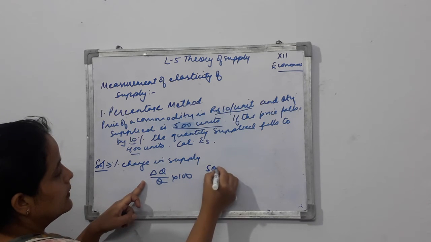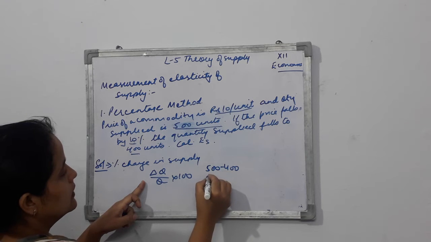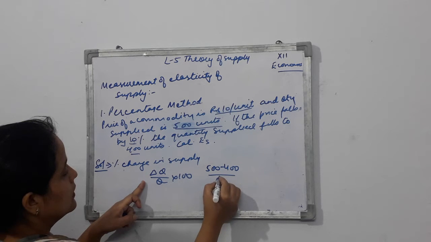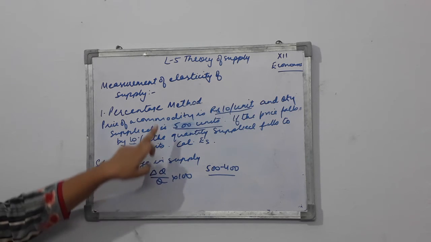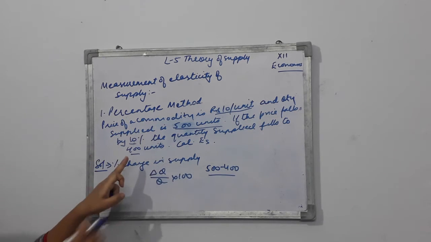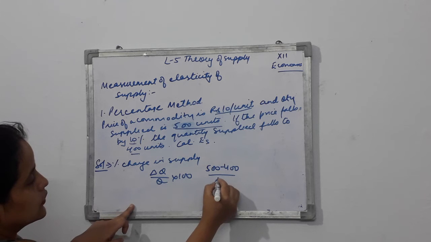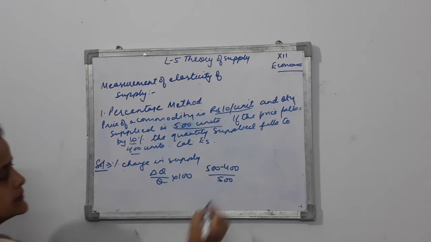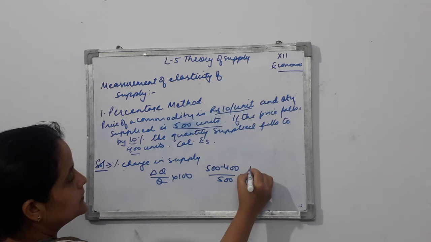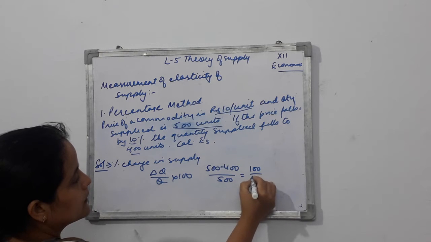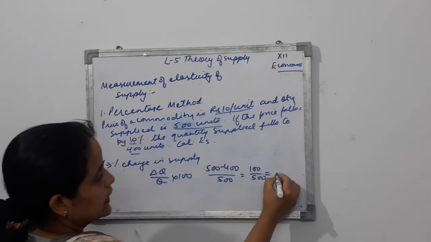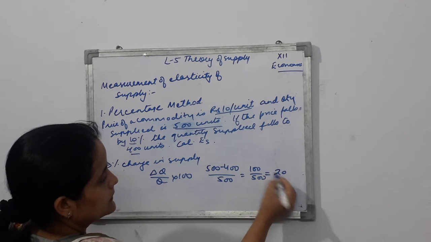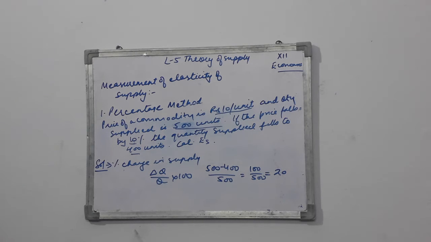So 500 minus 400 upon the old one. I think the old one is 500 units. So this is 100 upon 500 into 100, which gives you 20.